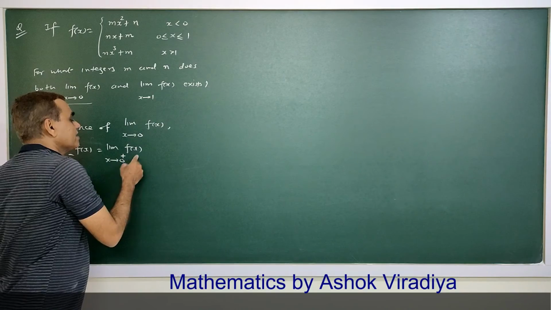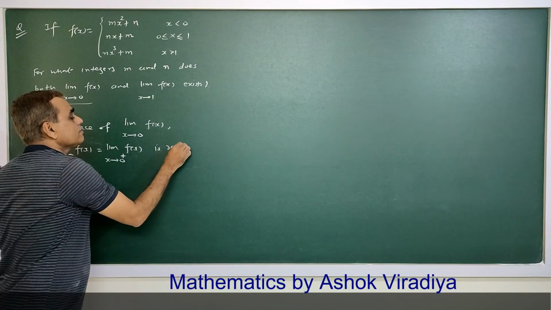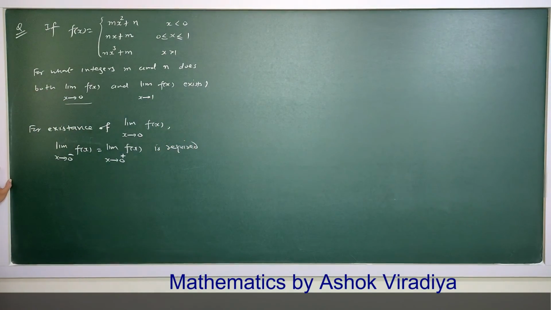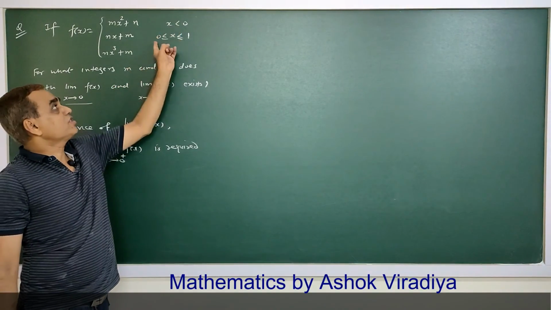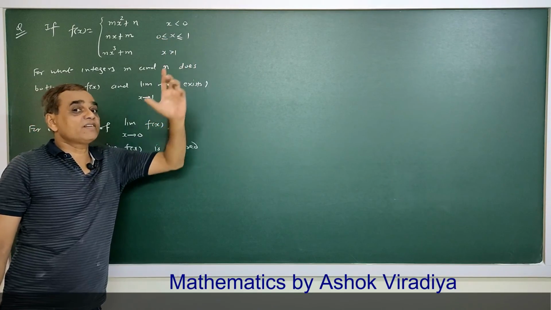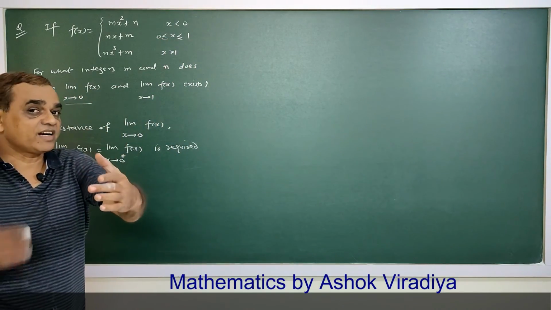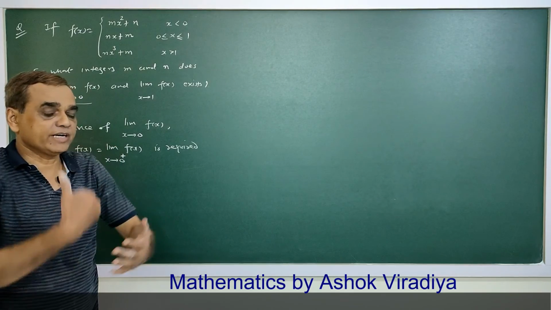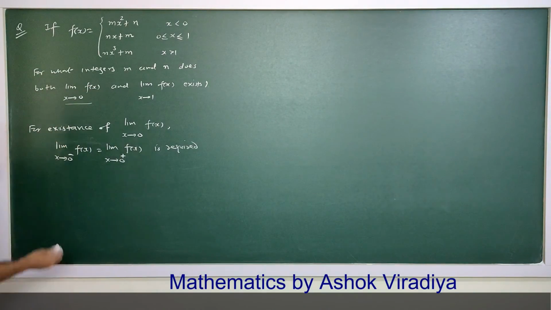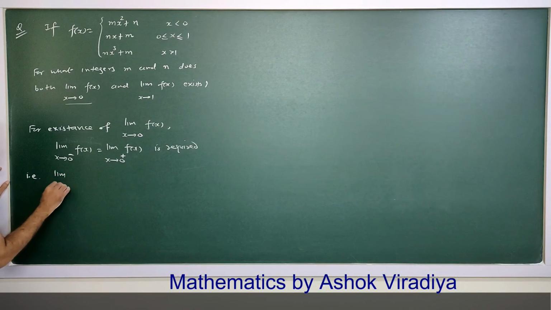This is required. At 0, the limit exists if left hand limit equals right hand limit. Because at 0, the function is changing formula, and wherever a function changes formula, find the left limit as well as the right hand limit.